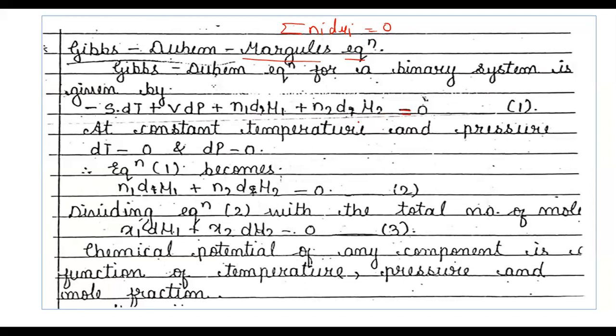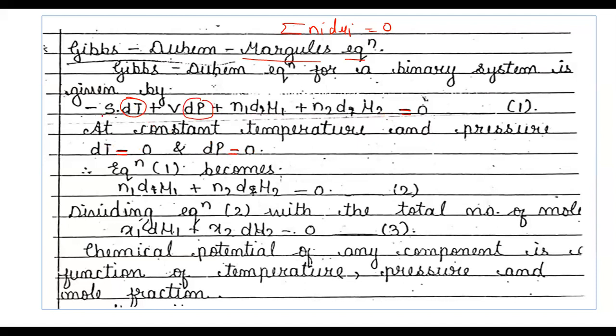So at constant temperature and pressure, dT equal to 0 and dP equal to 0, because as temperature is constant, the change in temperature is 0, and the change in pressure is also 0.